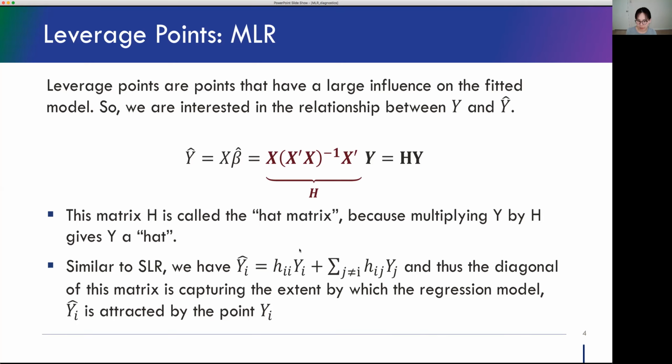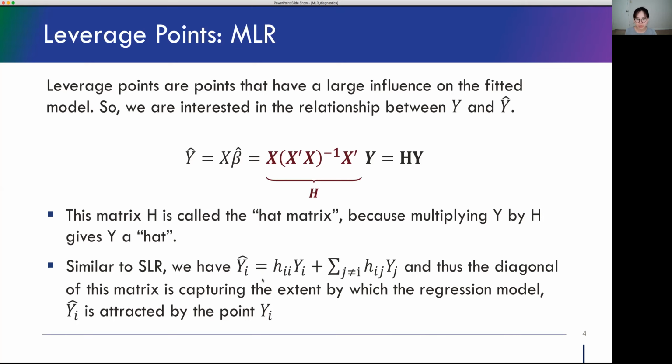By looking at this, we can see the diagonal of this H matrix is capturing the extent to which the regression model yi hat is attracted by the point yi. So this hii, the leverage, times this yi, gives you how much the regression model is being attracted by your data point yi.